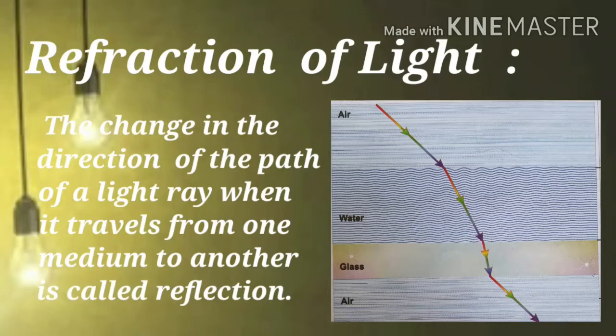The bending of light is taking place. This is known as refraction of light. That is, change in the direction of the path of light ray when it travels from one medium to another. That is, air to water, water to glass, and glass to air again.